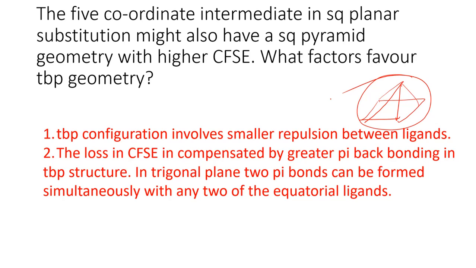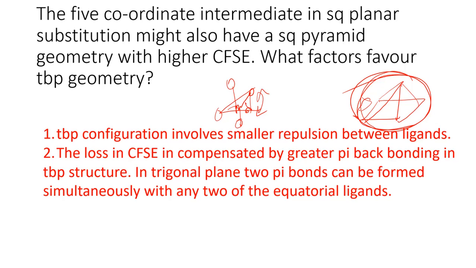But what factors favor the TBP geometry? In the case of TBP geometry, the ligands repel each other comparatively much less than in the case of the square pyramid. Why?